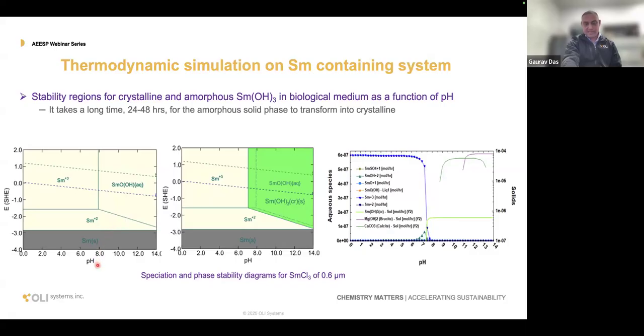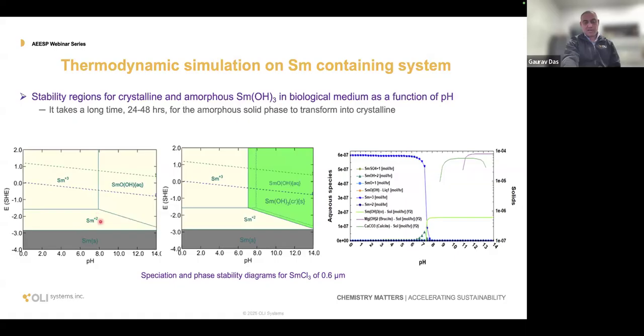This is the pH versus potential diagram, which illustrates the stability regions for different solution species along with precipitating solid phases. What this represents is that at lower pH, within the water stability region denoted by this dotted line, samarium 3+ is the stable one, and at higher pH, samarium hydroxide 3, which is the neutral species, is the stable one for the initial samarium concentration of 0.6 micromolar in the system.